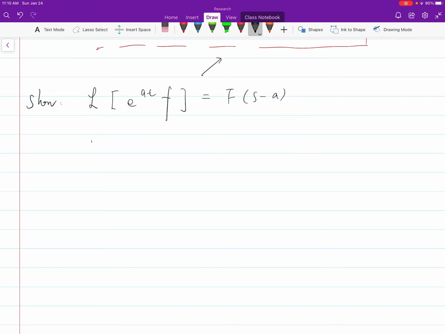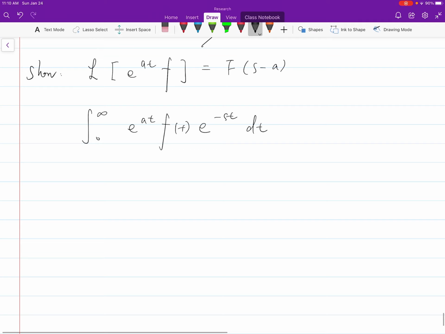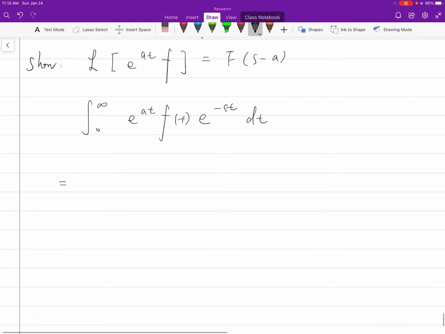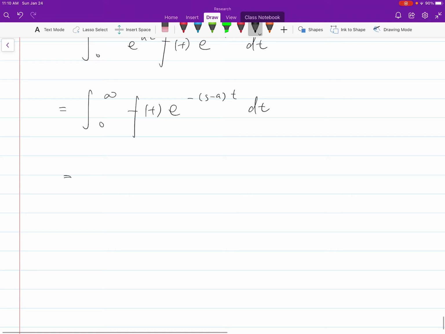All right. So it's actually pretty straightforward to write down everything we know. That's the Laplace transform of the left-hand side. Now you can easily see it here.